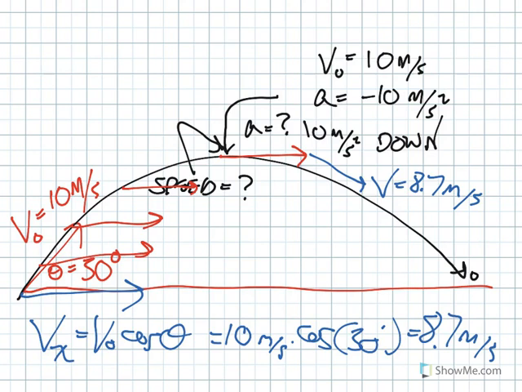What else? How long will it take to get to this highest position? How long will it take to reach that upward position? There are a bunch of different ways of figuring this out. One way is to look at what's happening vertically, of course. Let me erase a bunch of this stuff here.